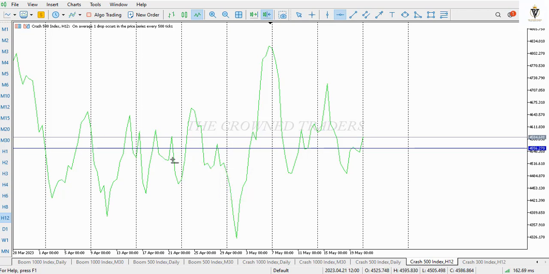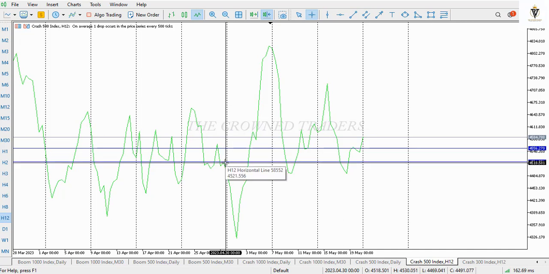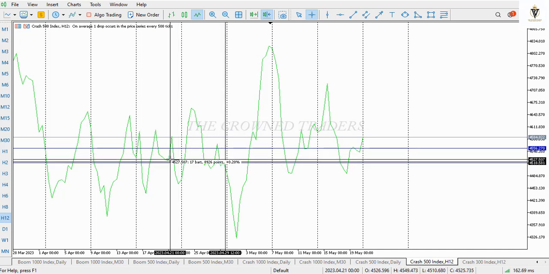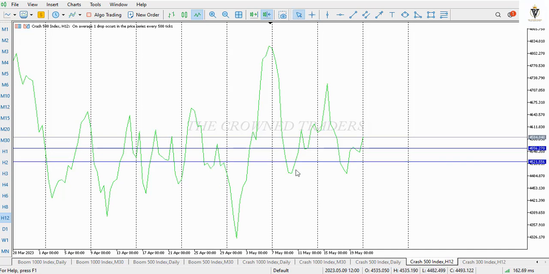Let me see. Okay, I have another one here. This is a gap here. This is a gap, and then look at here. Here is also a gap. Okay, so this is a gap pointing somewhere here. See here and here and here.